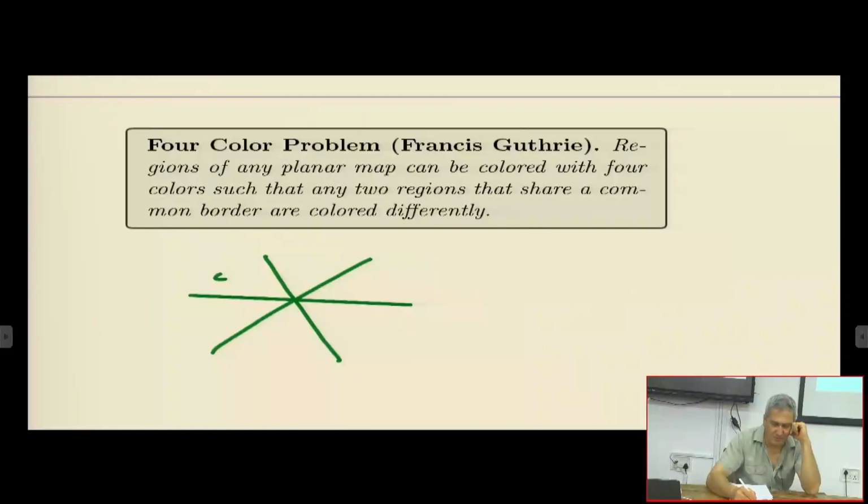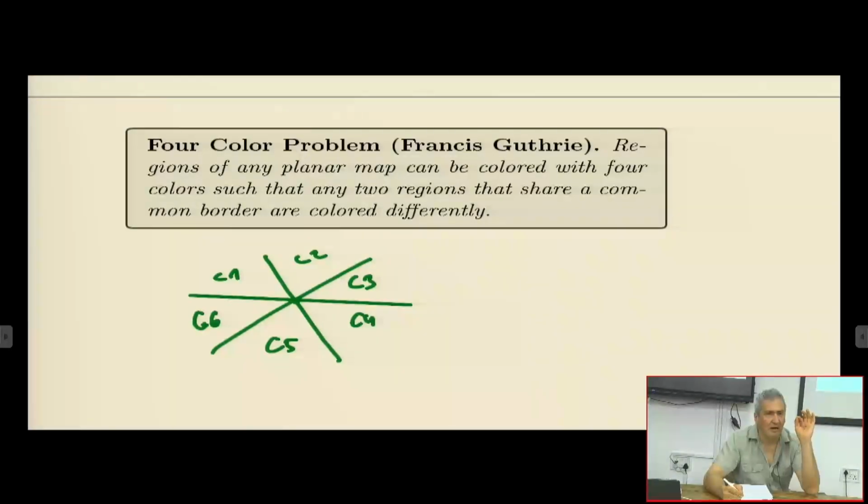So you don't require here, like, this is country 1, country 2, country 3, country 4, country 5, country 6. You don't require country 1 and country 2 to have different colors because the border is only 1 point. It's not measurable. You want something measurable.